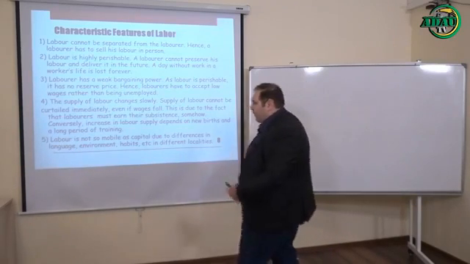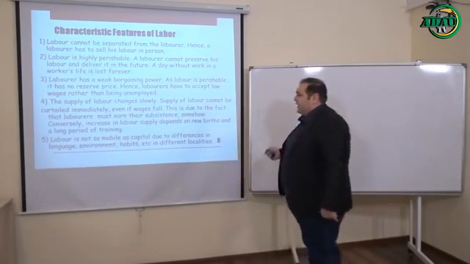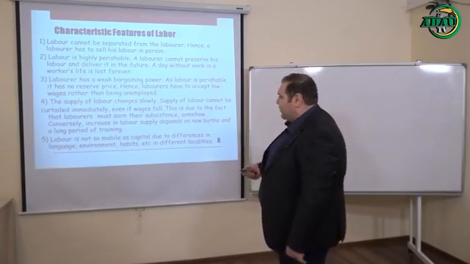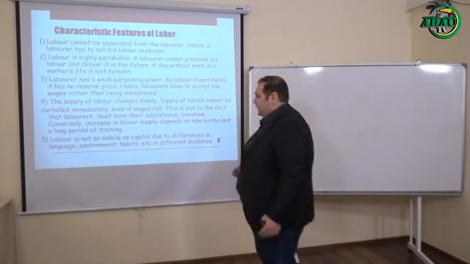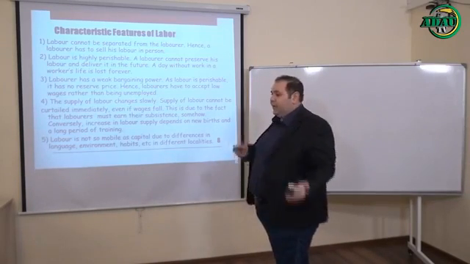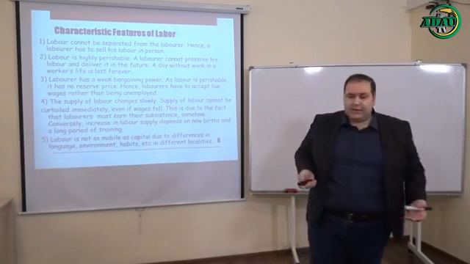And conversely, increase in labor supply depends on new births and a long period of training sessions. So labor is not so mobile as capital due to differences in language, environment, race, habits, educational level, etc. in different localities.